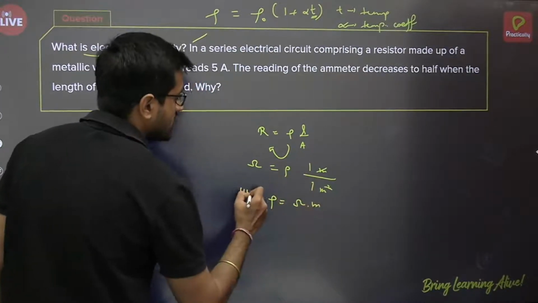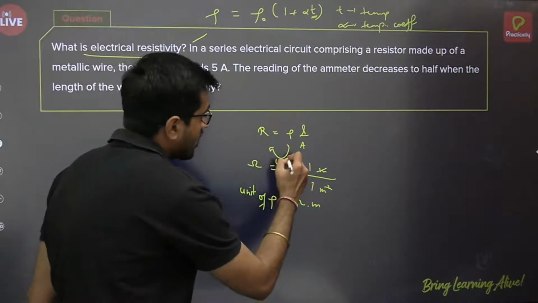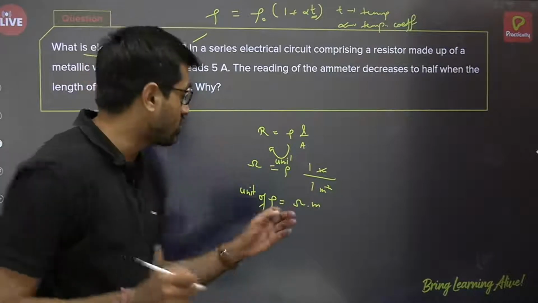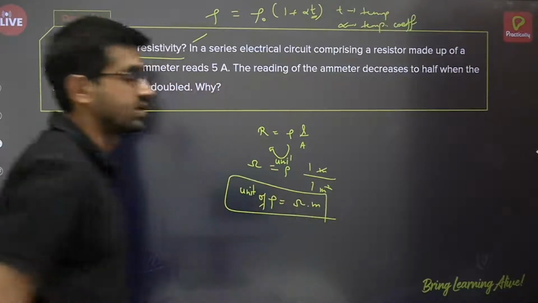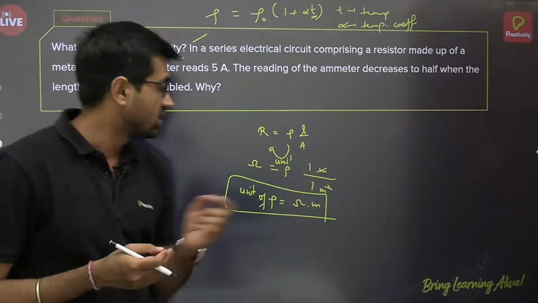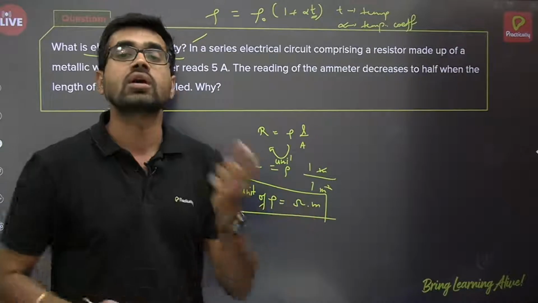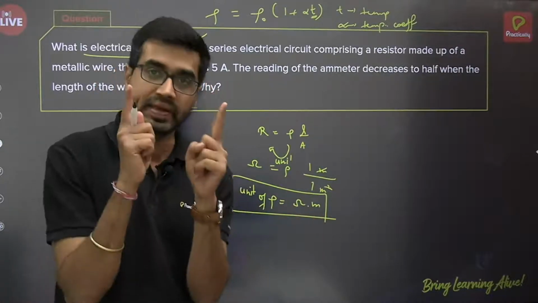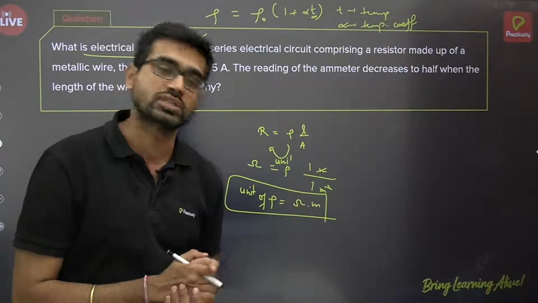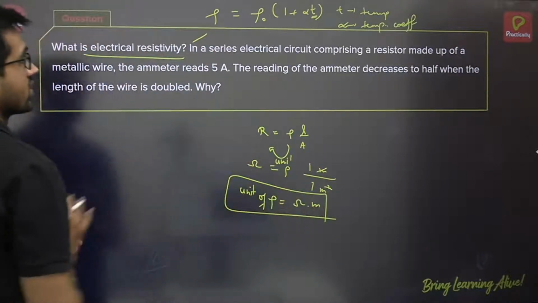So the unit of rho, the unit of resistivity, is nothing but ohm meter. So resistivity in general is equivalent to the 1 ohm resistance of a wire having 1 meter length and 1 meter square cross-sectional area. Fine. So this way you get the unit of resistivity.